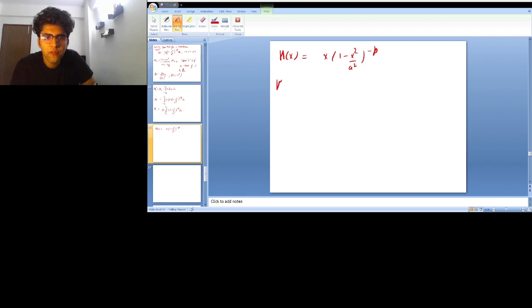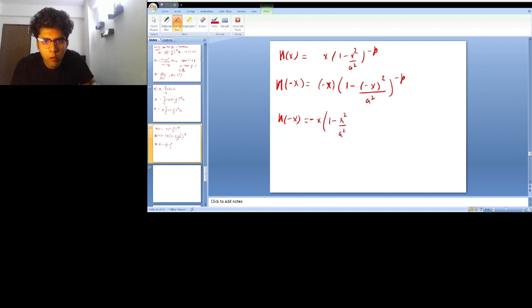So now if I substitute minus x in place of x here, h of minus x is equal to minus x into (1 minus the square of minus x upon a square) to the power minus p, because minus x whole square will give me x square, right? So my h of minus x is minus x into (1 minus x square upon a square) to the power minus p.